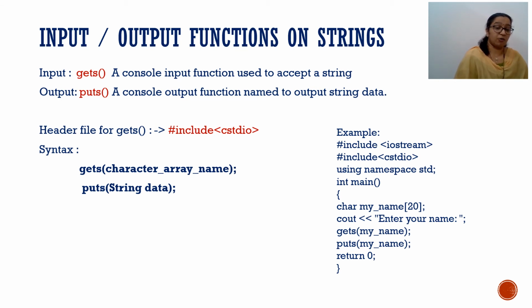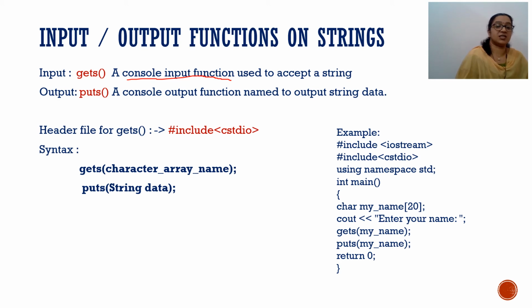Now see the input-output functions on strings. There are predefined functions to overcome the cin problem. What is the problem in cin? The space can't be accessed. How to overcome that? We can use the gets and puts functions. For input, the gets function is a console input function used to accept a string.